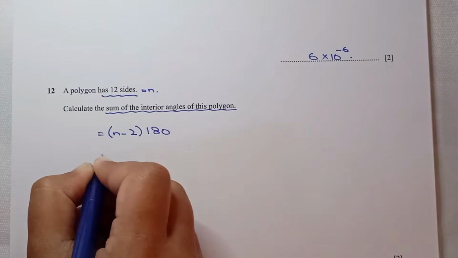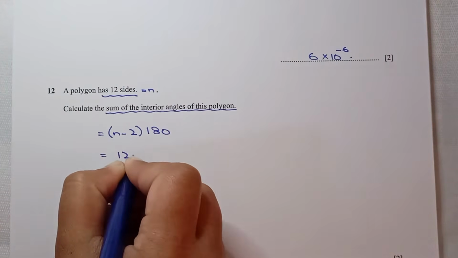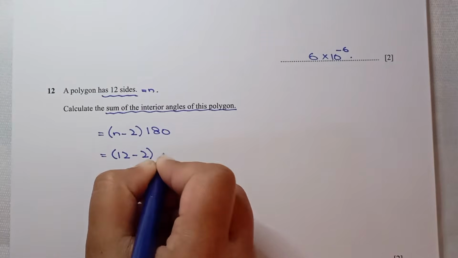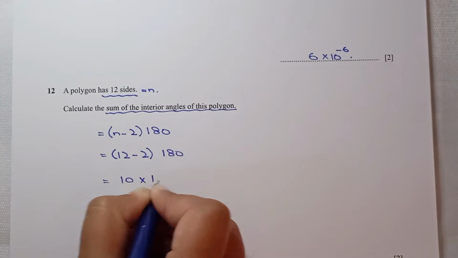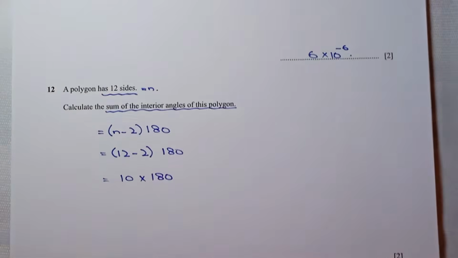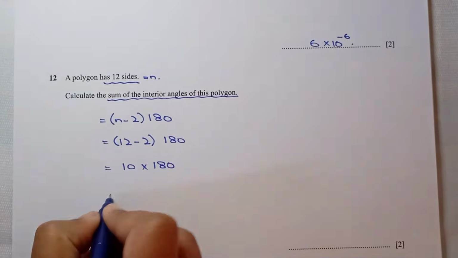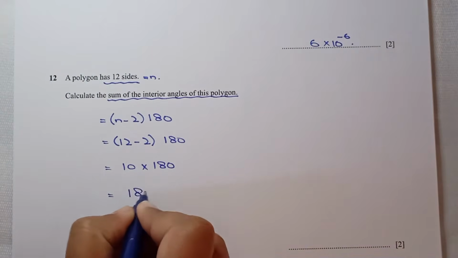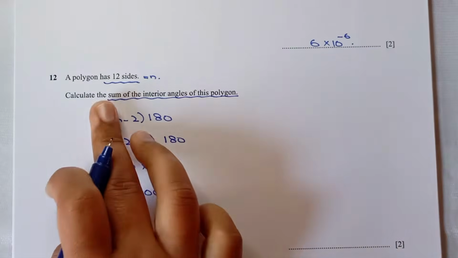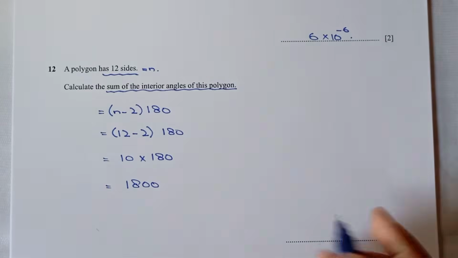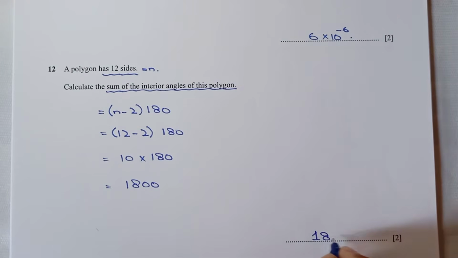So how many sides? 12 sides minus 2 times 180. So we have 10 times 180, right? So we have 1800. So the sum of interior angle of this polygon is 1800.